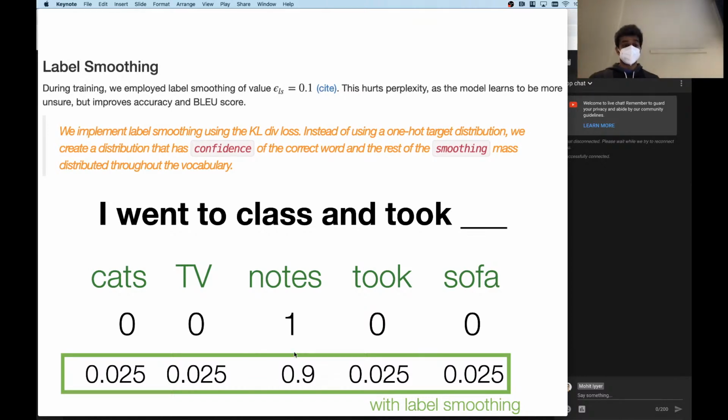Here we subtracted 10% probability, and then we evenly distribute that probability over all of the rest of the words in the vocabulary. So now, even though "cats" does not make sense in this context, it has a 0.025 probability; the model is trained to put some probability mass on "cats."